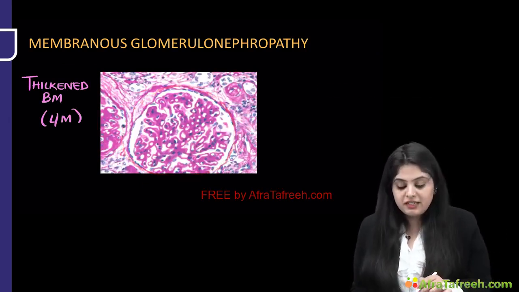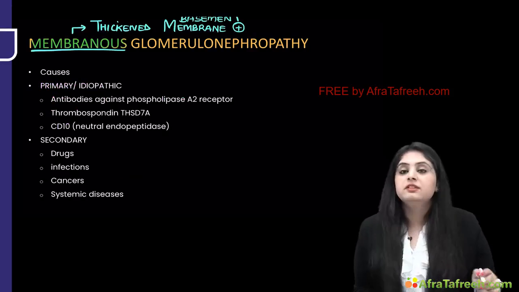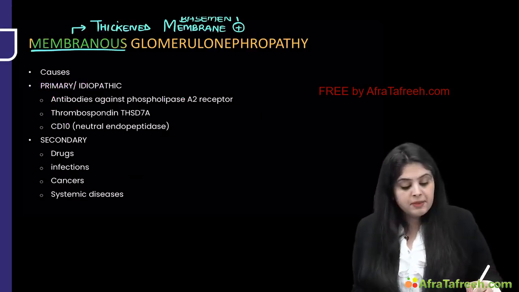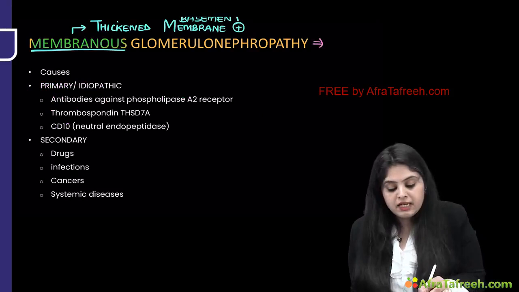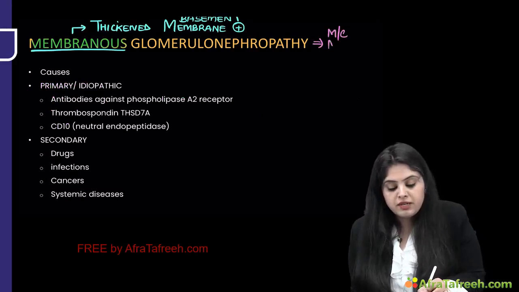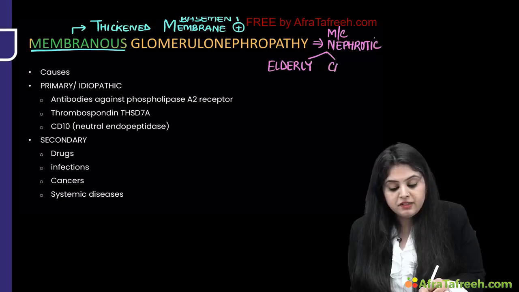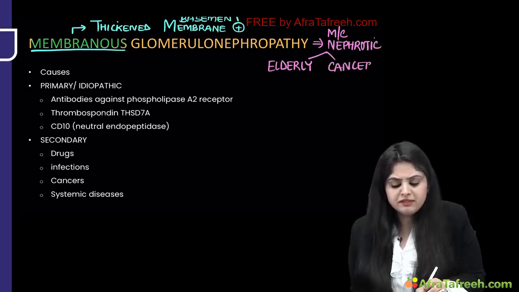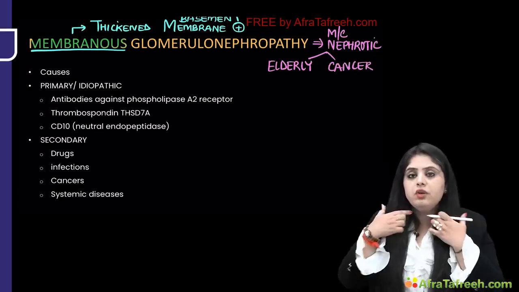Now, having discussed the entire pathogenesis, I can come back to the things that I have to mug up. Membranous glomerulonephropathy, like I told you, is the most common nephrotic syndrome in two situations, in the elderly and in cancers, because old people usually have cancers. Usually, if I go by the rule, old people have cancer.